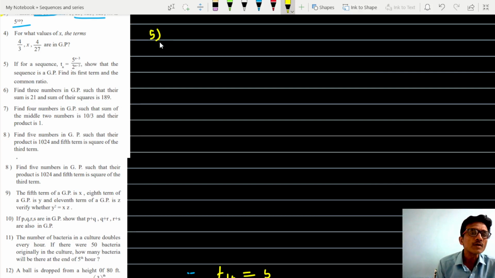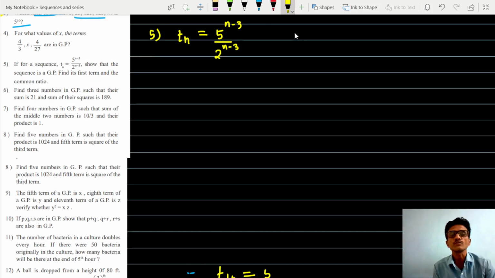Yes, for a sequence Tn, what is given: 5 raised to power n minus 3 upon 2 raised to power n minus 3. Show that this sequence is GP. Find its first term and the common ratio.